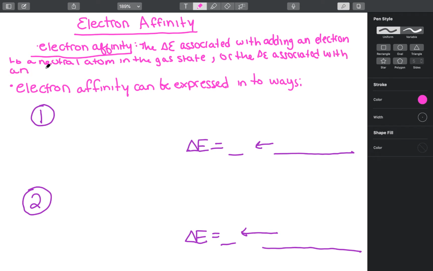Remember, an anion is a negatively charged atom.